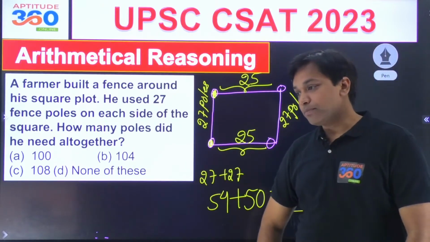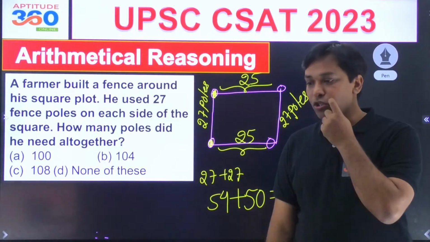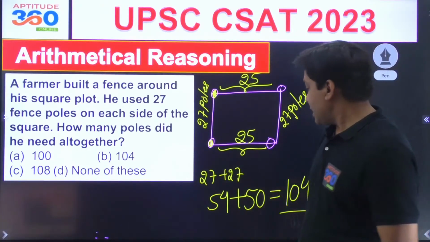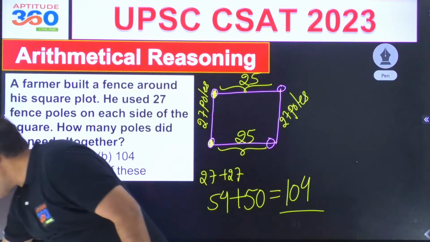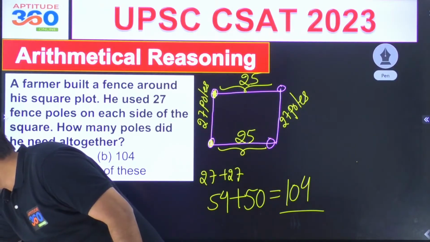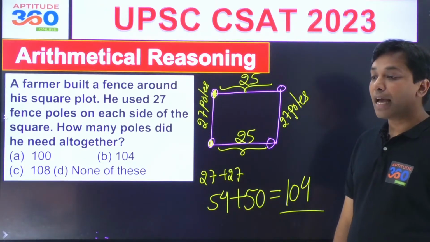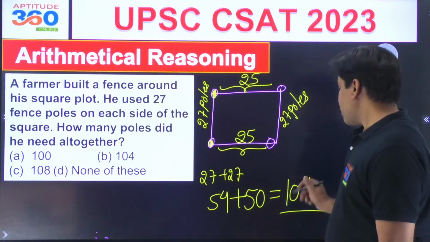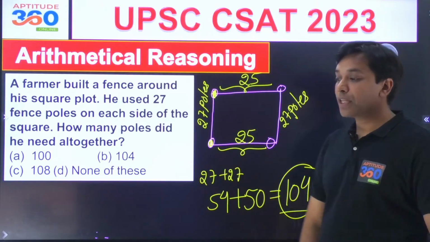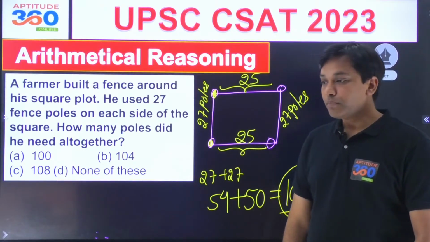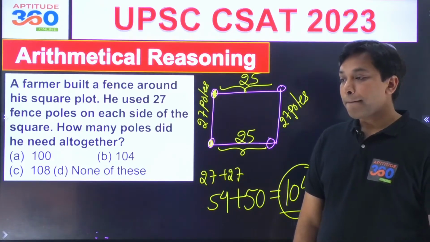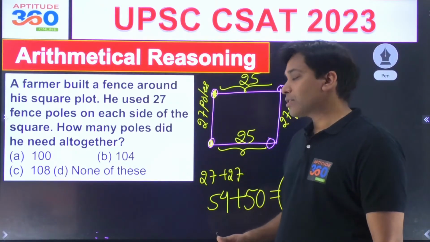Divya and Sonia, please understand that the answer is not going to be, hold on a second people. It is not 108, rather the answer is going to be 104. Is that okay? So Saida has got the right answer, Tarun has got the right answer.